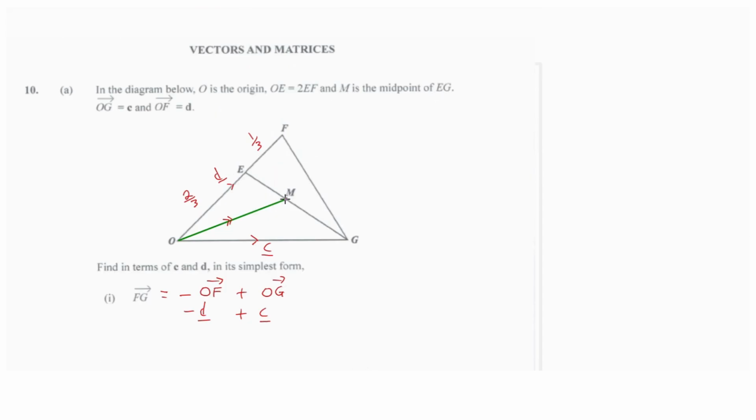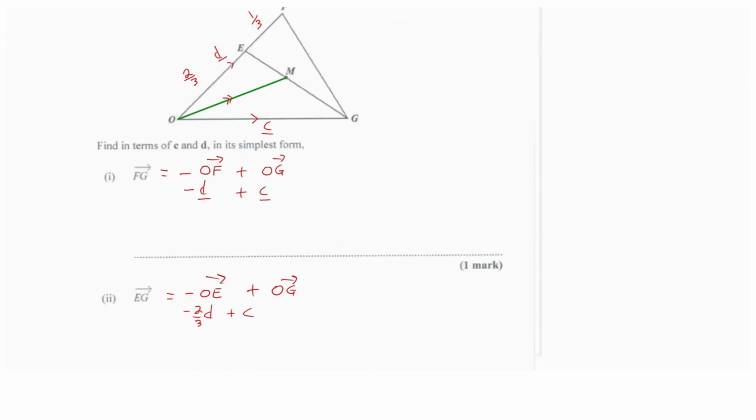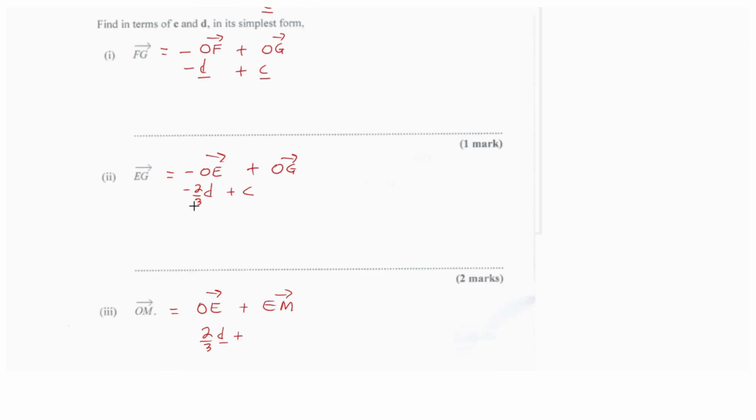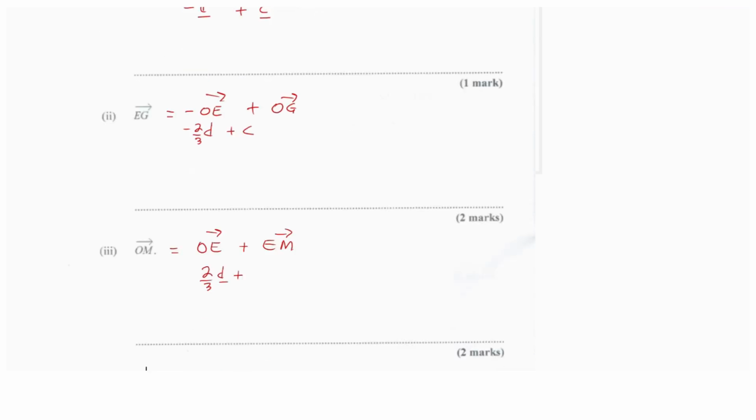So if M is the midpoint of EG, it means that EM is half EG, and we have found EG, which is this. So we need to have a half of this. So EM then is a half EG, which is this here. So we would have a half times minus 2/3 D plus C.